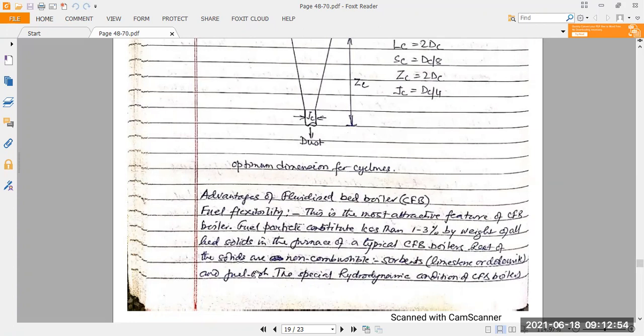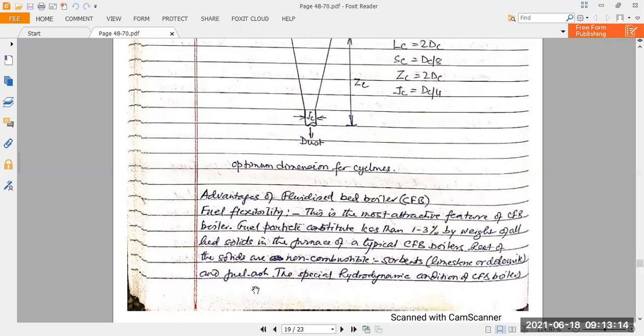But the rest of the solids available in the furnace are totally non-combustible: the sorbents, meaning limestone or dolomite, and fuel ash.